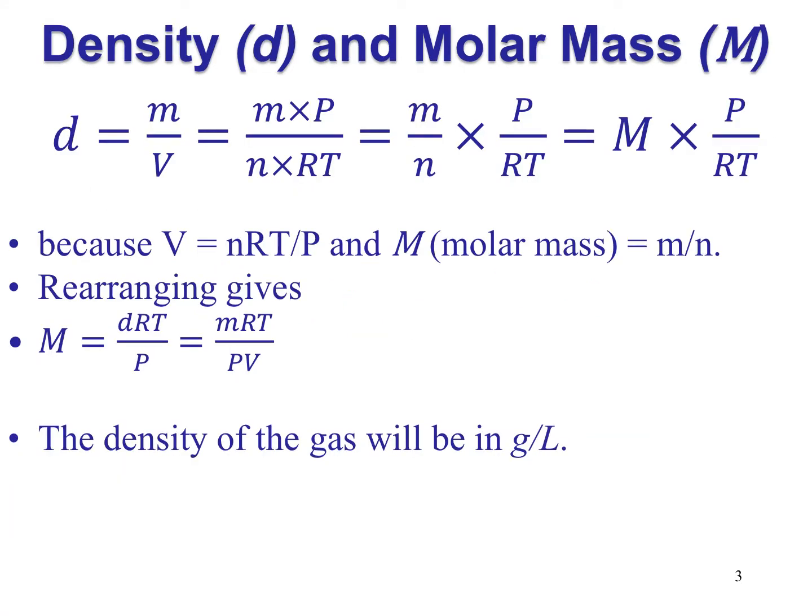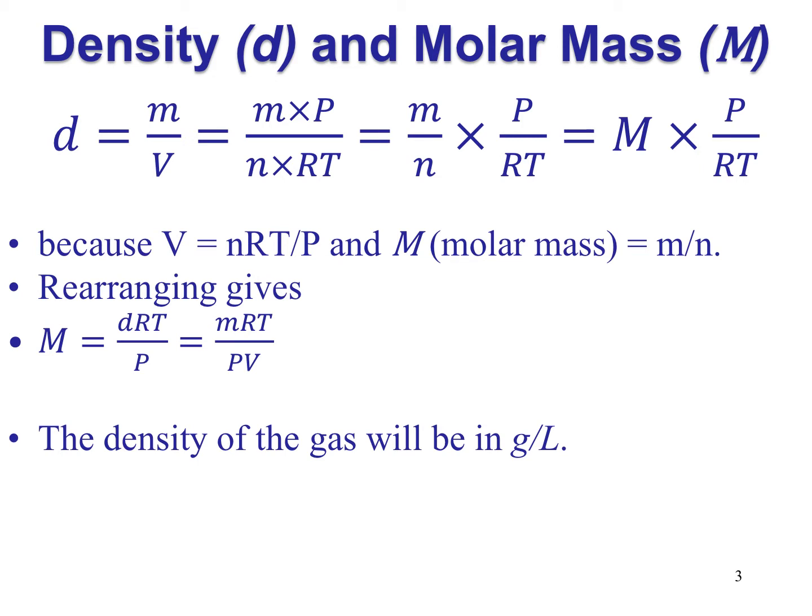Density and molar mass. The molar mass of a gas can be determined by knowing the density, temperature, and pressure of a gas. The derivation is shown at the top. Substituting nRT divided by P for volume in the density equation, mass divided by volume, we get mass times pressure divided by moles and R and temperature.